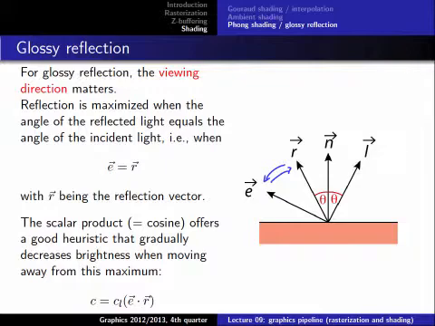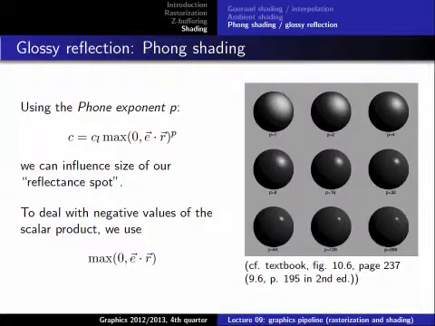reflectance. But of course, that would only create one very specific spot, which is why we said we can introduce this so-called Phong exponent that gives us a way to manipulate this decrease in brightness, to delay it or to make it faster, and that way have bigger and smaller spots like you see here in the image.